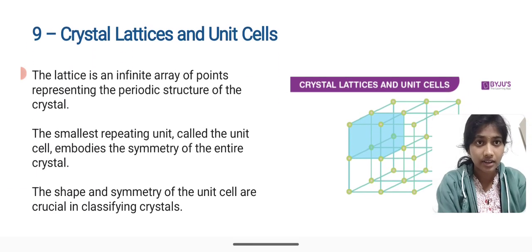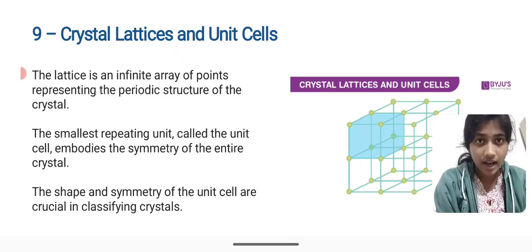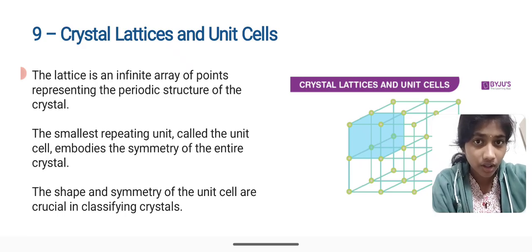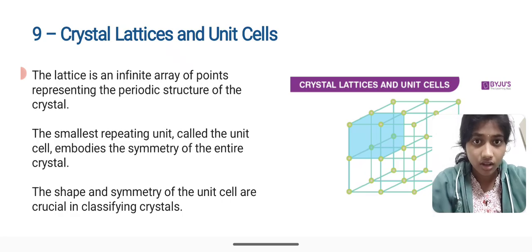Crystal lattice and unit cell. A lattice is an infinite array of points representing the periodic structure of the crystal. The smallest repeating unit, called the unit cell, embodies the symmetry of the entire crystal.